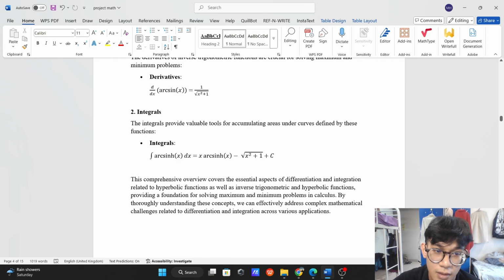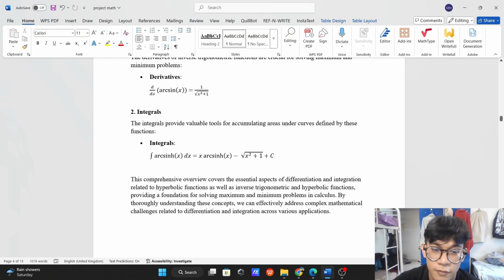Second, integrals. The integrals provide valuable tools for accumulating areas under the curve defined by these functions. Integral of arcsinh x dx equals x arcsinh x minus the square root of x squared plus 1, plus c.